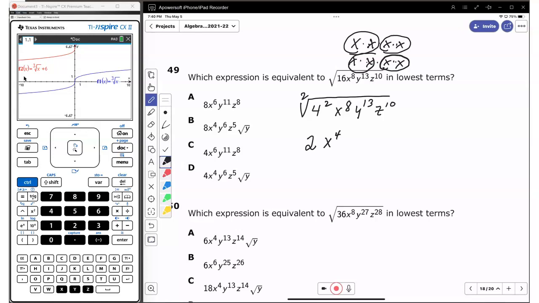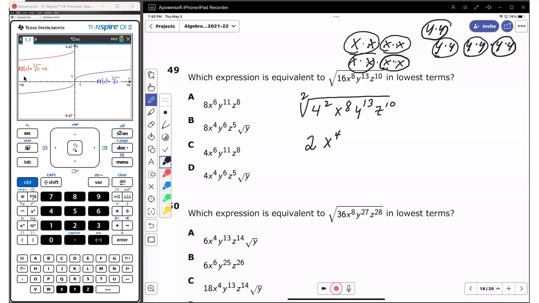Now, y to the 13th is a number that is not divisible by 2, but 12 is. And if we had 13 y's, so that's 1 group, that's a 2nd group, and that's a 3rd group, and then we have y times y, and that's a 4th group.